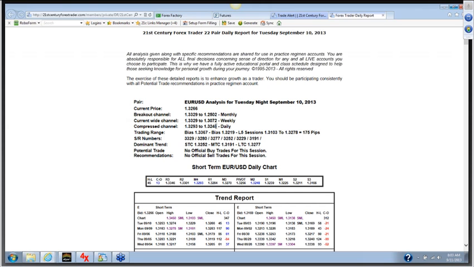Nothing significant. A lot of times we like to see if there are 2 of 3 or 3 of 3 channels lining up for us. What we mean by that is whether the short term channel top or bottom, which is what we're concerned about for today, is lining up with the weekly and the monthly channel top or channel bottom, and it's not at this point.